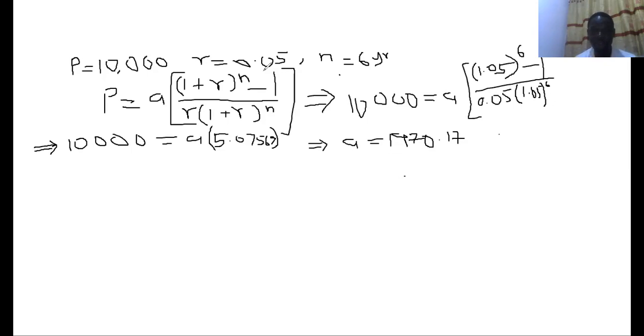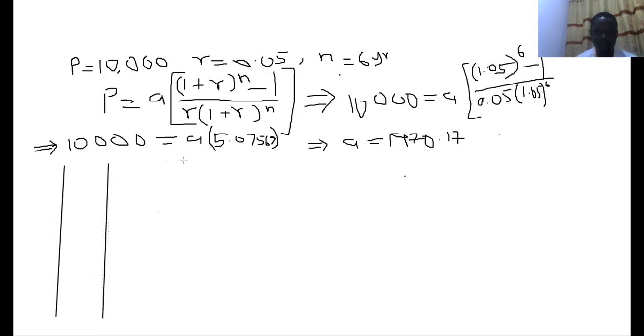Okay. Now, we are asked to demonstrate this in a tabular form. Of course, if you are to prepare an amortization schedule, then it's a matter of demonstrating your schedules in a tabular form. Normally we have about 5 columns.